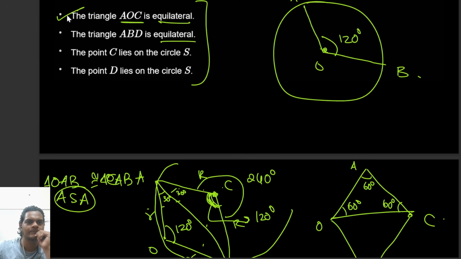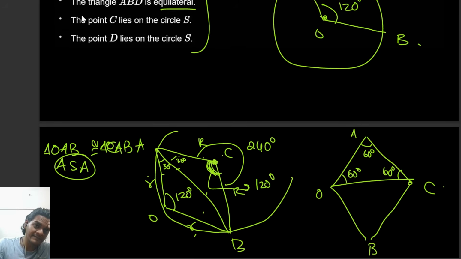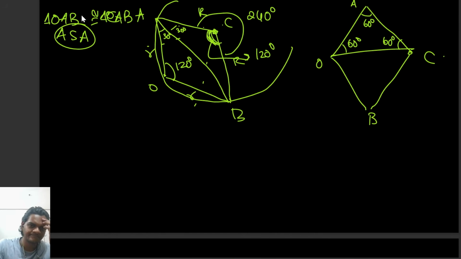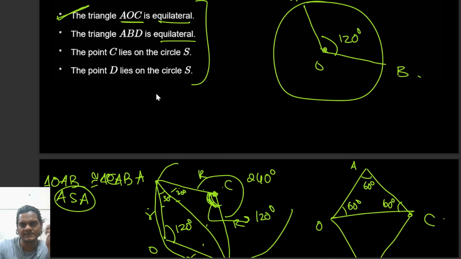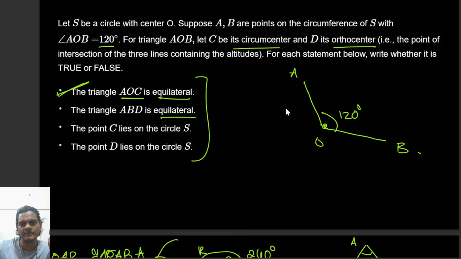This is true. Acha, can we say something about ABD? So if you see, since my AOB looks like this, okay, let me remove this circle and I'll draw it here itself. So how do I draw the perpendicular? I'll draw it like this, right?